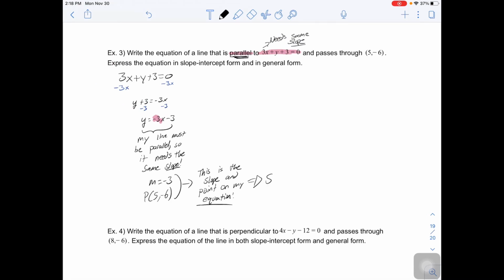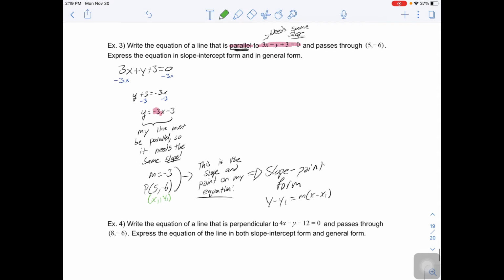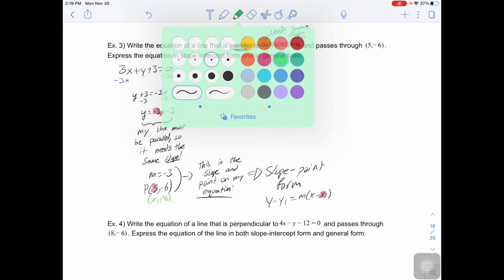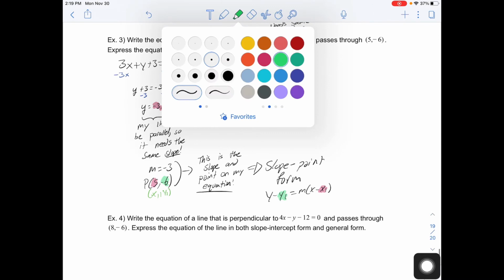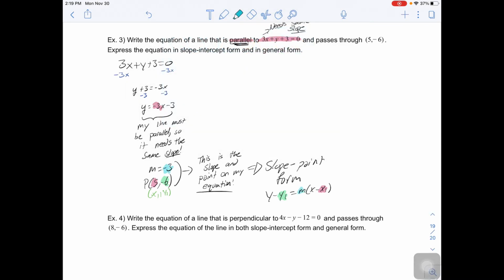So here I'm going to use the slope-point form to find the equation of my graph. And remember, the slope-point form is y minus y1 equals m times x minus x1. So here I'm going to make this point x1 and y1. Now I can simply plug these in. So 5 is going to go where x1 is. Negative 6 is going to go where y1 is. And then negative 3 will go in for my slope.